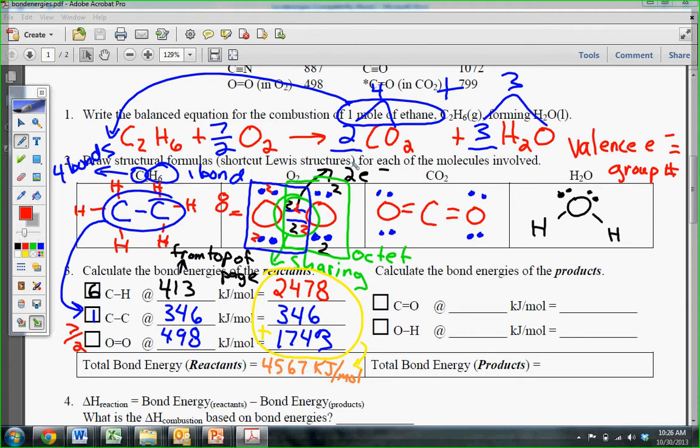If you look up here, and then you bring that down here, this 2 right here is going to double the amount that you have here. All right, so good.